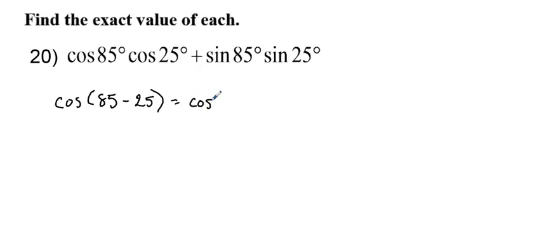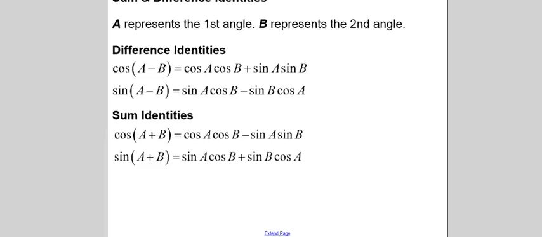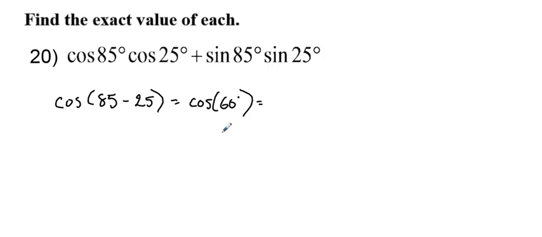So the cosine of 85 minus 25 is 60 degrees. So we have to find the cosine of 60 degrees. Let's go back to our unit circle. And at 60 degrees, the coordinates are 1/2 comma radical 3 over 2. We know that the x-coordinate is the cosine, so our answer is 1/2.